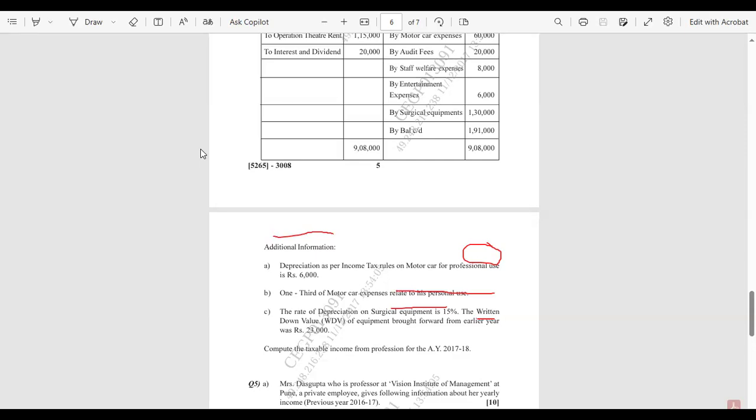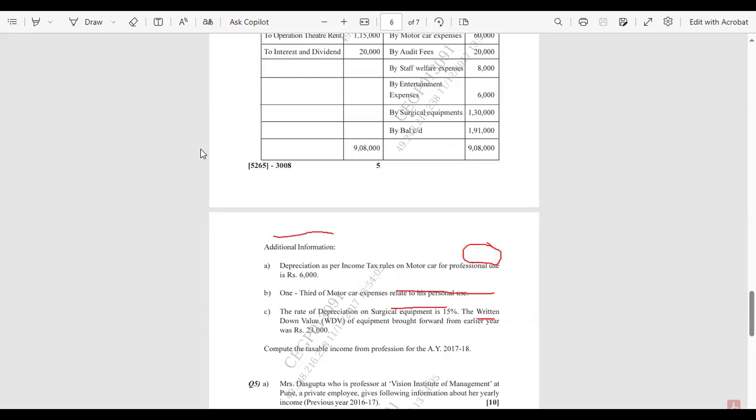And once I adjust the net profit, whatever income is not allowed, I have to deduct from net profit, and whatever expenses are not allowed, I have to add to net profit. So I have to give the opposite effect: the income I have to subtract, the expenses I have to add. And then ultimately what I get is taxable income from business and profession.